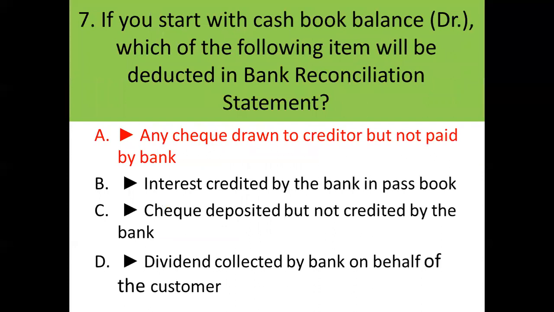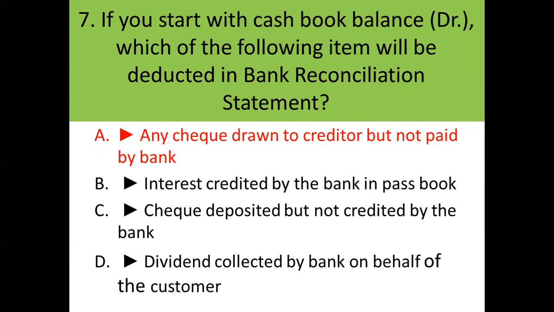Next, if you start with the cash book balance, a debit balance, which of the following items will be deducted in the bank reconciliation statement? Any check drawn to creditors but not paid by the bank. First you have to know how to prepare a bank reconciliation.